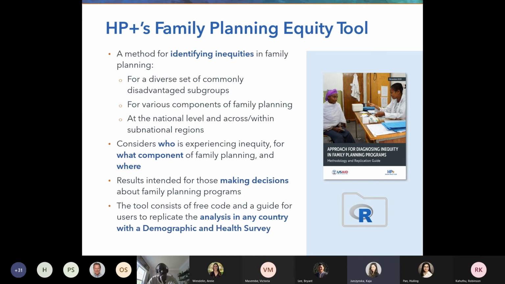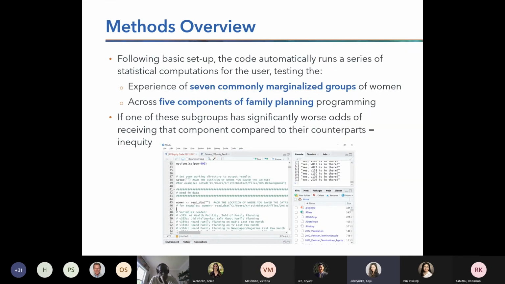So you can see on the right-hand side the approach for diagnosing inequity in family planning, and there you can actually find a really handy replication guide. So even if you're not super familiar with R, the content therein should help you do this application on your own. And in order to do that, there are a few key steps. So basic setup.